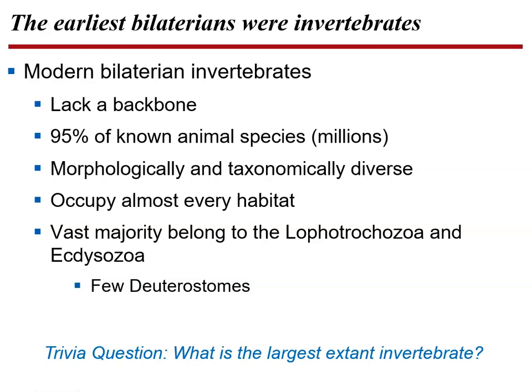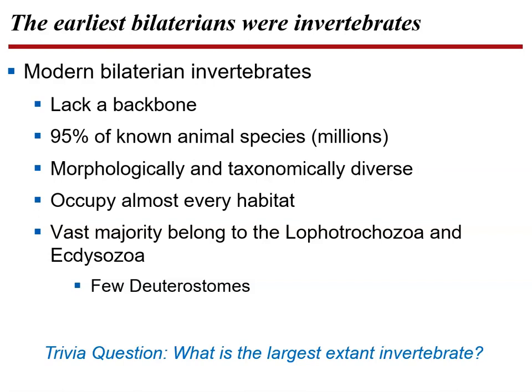In fact, about 95% of all the known animal species, which is millions of species, are invertebrates. And this is a very diverse group, both morphologically, the way they look, and taxonomically, their genetic makeup. And they're found almost in every habitat across the globe. Most of them do belong to the clades Lophotrochozoa and Ecdysozoa, but there are a few deuterostomes.